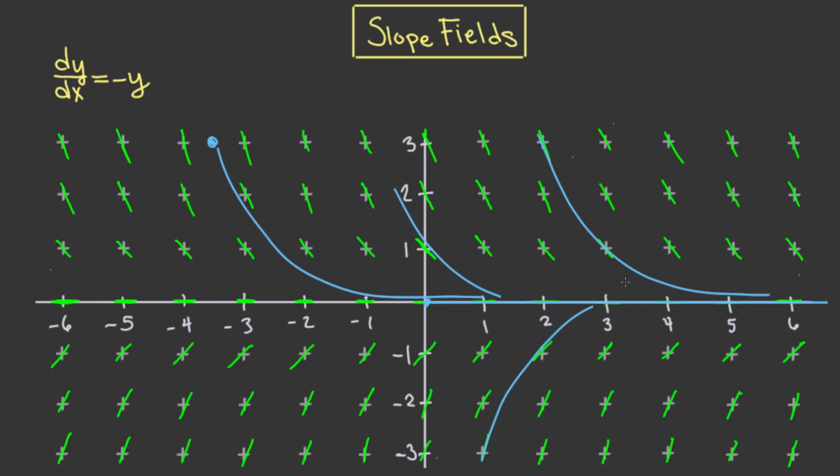So just by drawing this slope field, we can tell qualitatively that all solution curves are going to tend towards y equals 0 as x gets large. Note that this differential equation dy/dx equals negative y is actually separable.